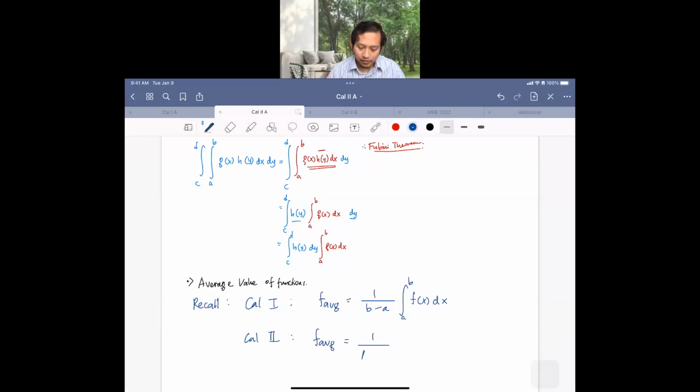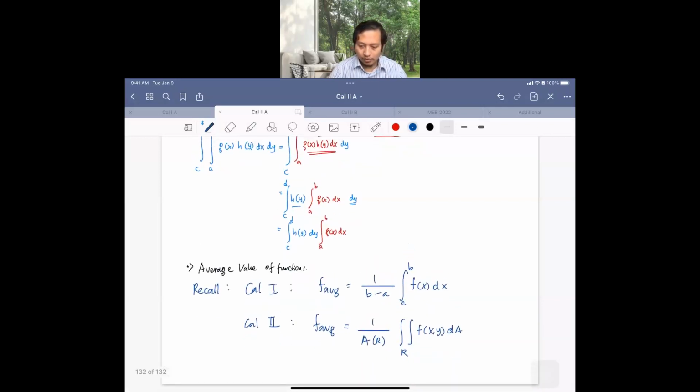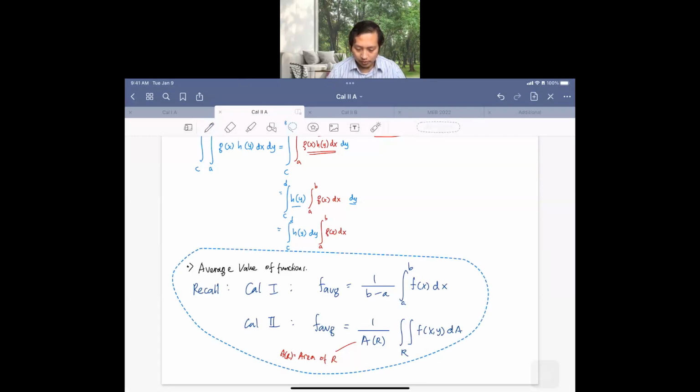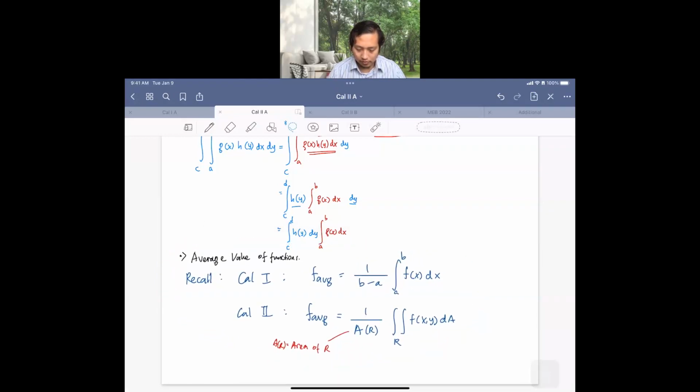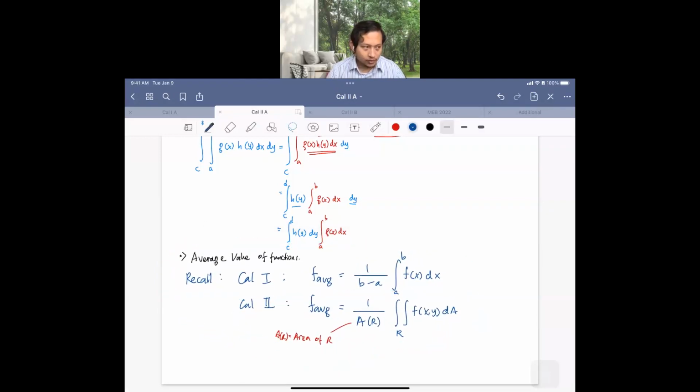So 1 over the area of R times the double integral of the function f of x, y dA, where A(R) is the area of R. So it means that the area multiplied by the average is equal to the double integral itself.